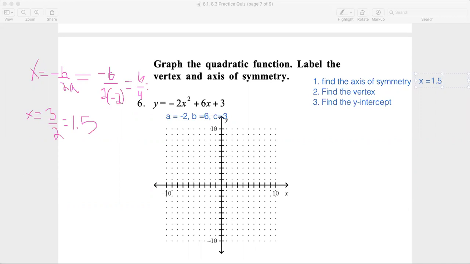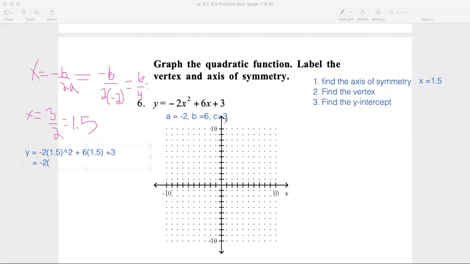Okay, now let's find your vertex. So that would be y equals -2 times 1.5 squared plus 6 times 1.5 plus 3. So that would give me a -2, and then 1.5 squared is, gosh, I think it's 2.25, but let me just double check.